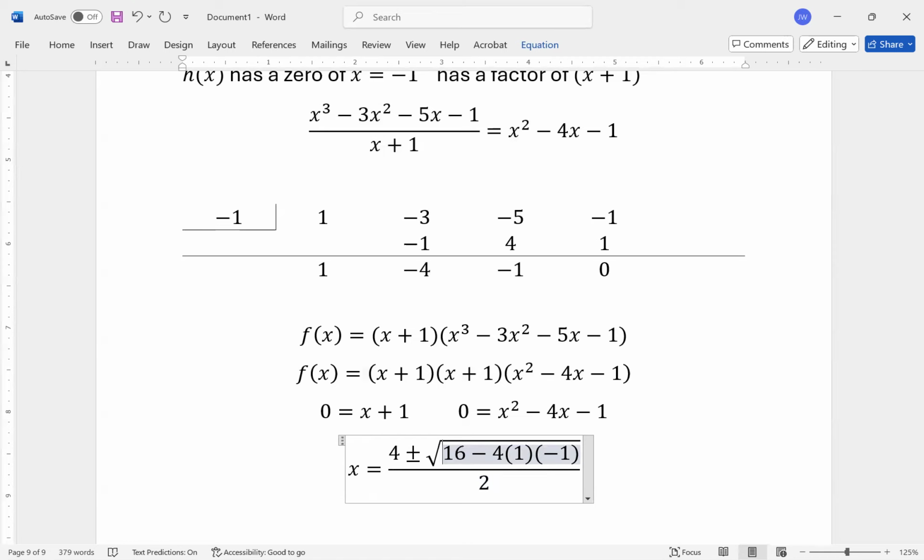Notice what happens. b squared minus 4ac is going to give me 16 plus 4, which is a 20. I'll simplify that quickly. The square root of 20, 20 is like 4 times 5.